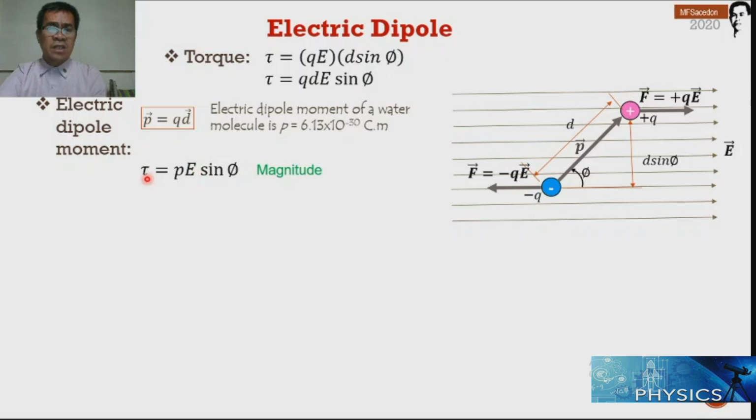Now, since this is the magnitude of the vector dipole moment, and this is the magnitude of the vector electric field, and this angle is the angle between the two vectors, then by the principle of the cross product, torque becomes P cross E, meaning the cross product of the dipole moment and the electric field is the torque.